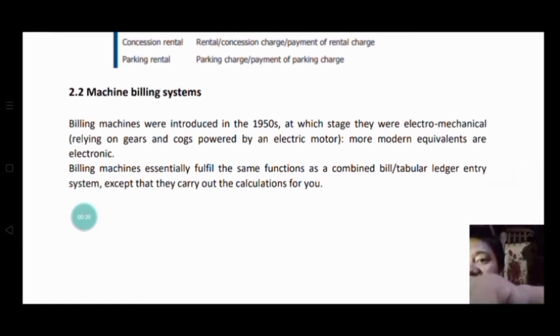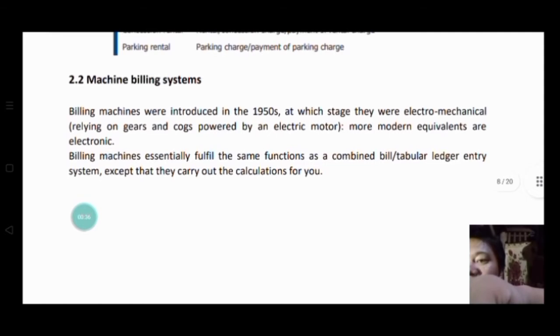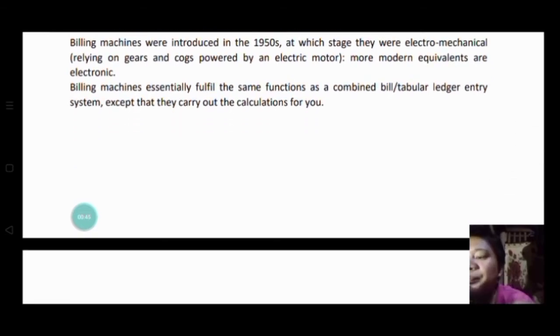Billing machines essentially fulfill the same function as a conventional tabular ledger entry system, except that they carry out the calculation for you. So, a machine billing system helps the management lessen their time consumed on particular tasks, which could be done through a machine.